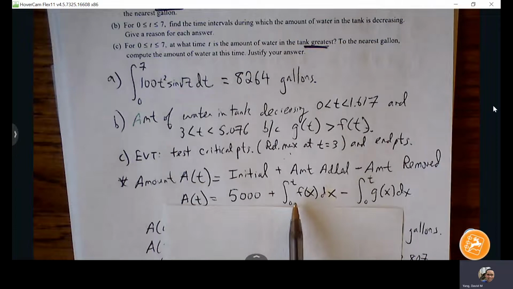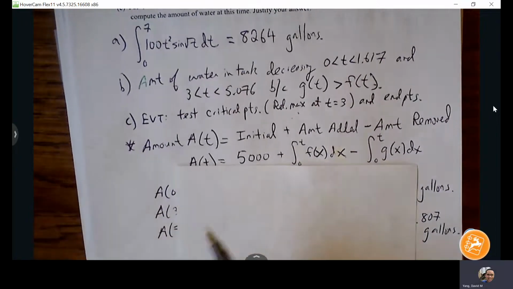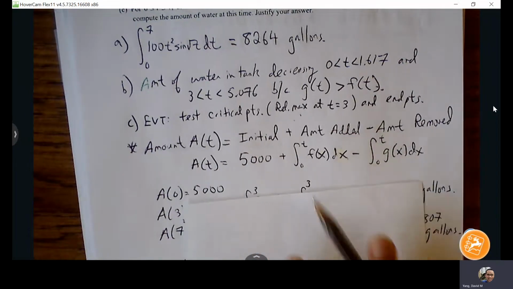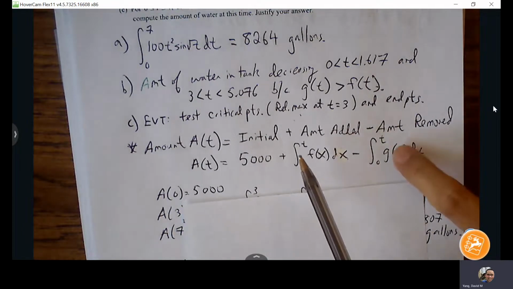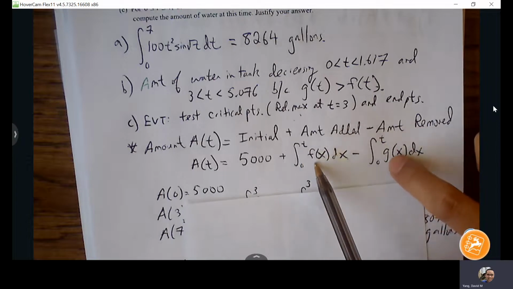Integral from 0 to t of f of x will accumulate the amount of water coming in, and then the integral of g of x will give us the indication of how much is being removed. Okay. And then into this general formula, we can test our 3 points, right? We can test 0, 3, and 7. Well, 0 is easy because they already tell us that there's 5,000 gallons to begin with. So if we try to plug in, we will get that same result because 0 to 0 is just not going to have any impact for the second and third integrals.